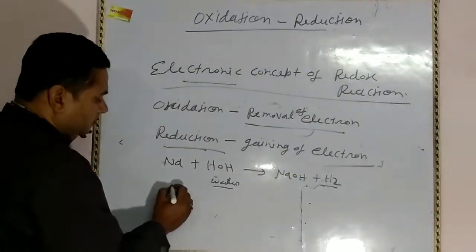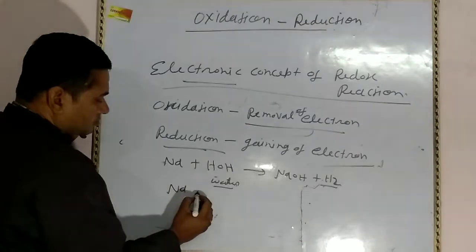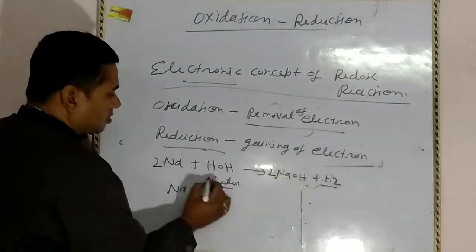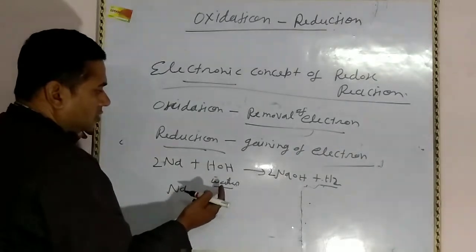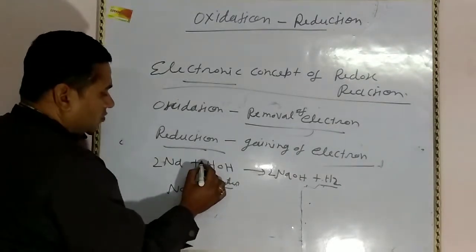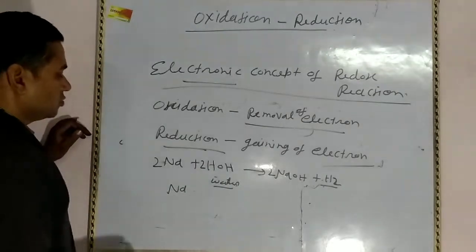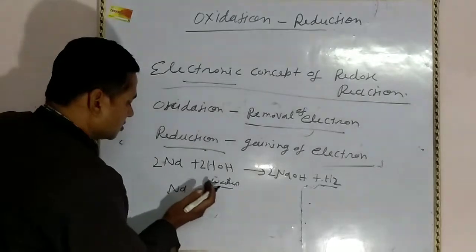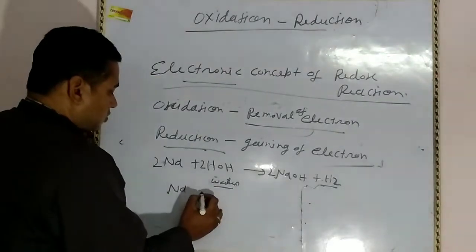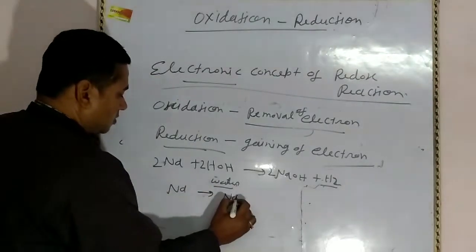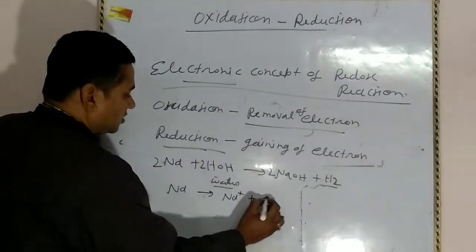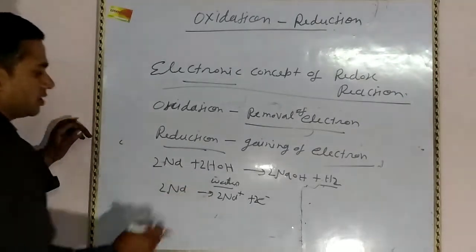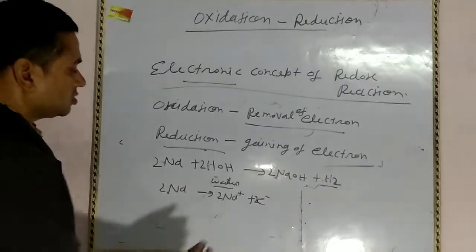In this reaction, balance it first, so you can write 2 here. 2 Na lose electrons. So 2 electrons are given by 2 Na, and this is oxidation.